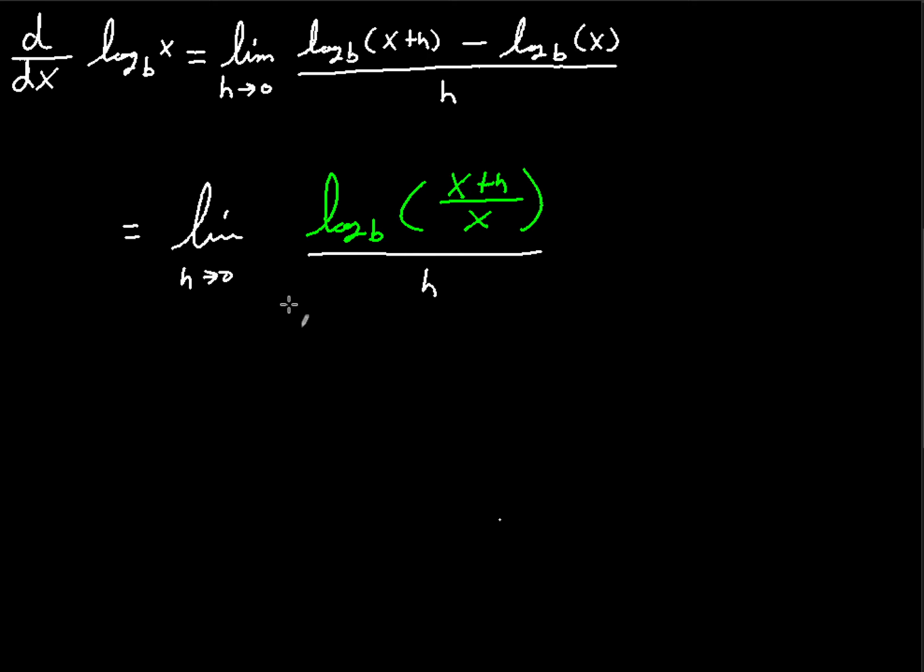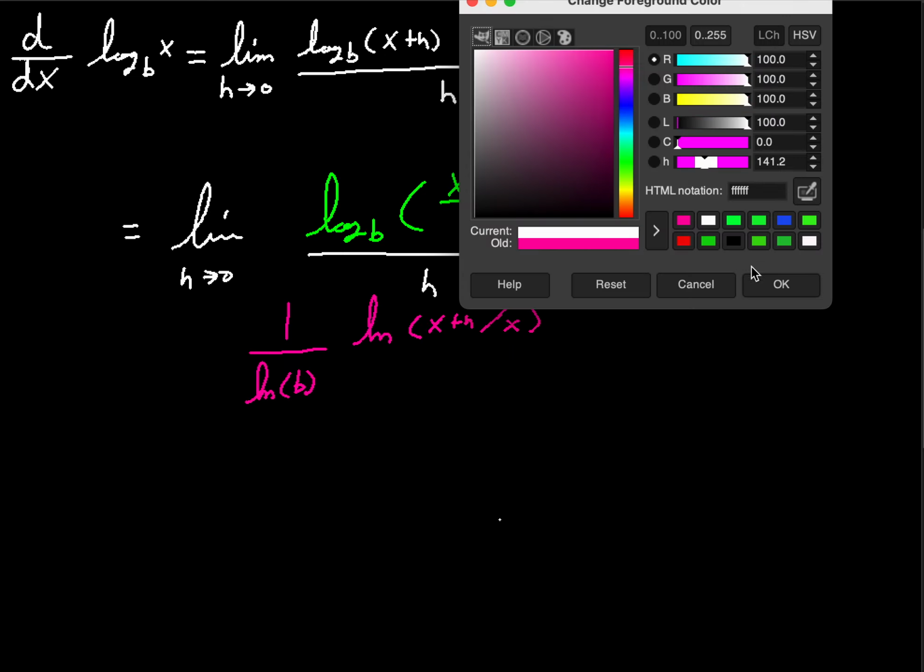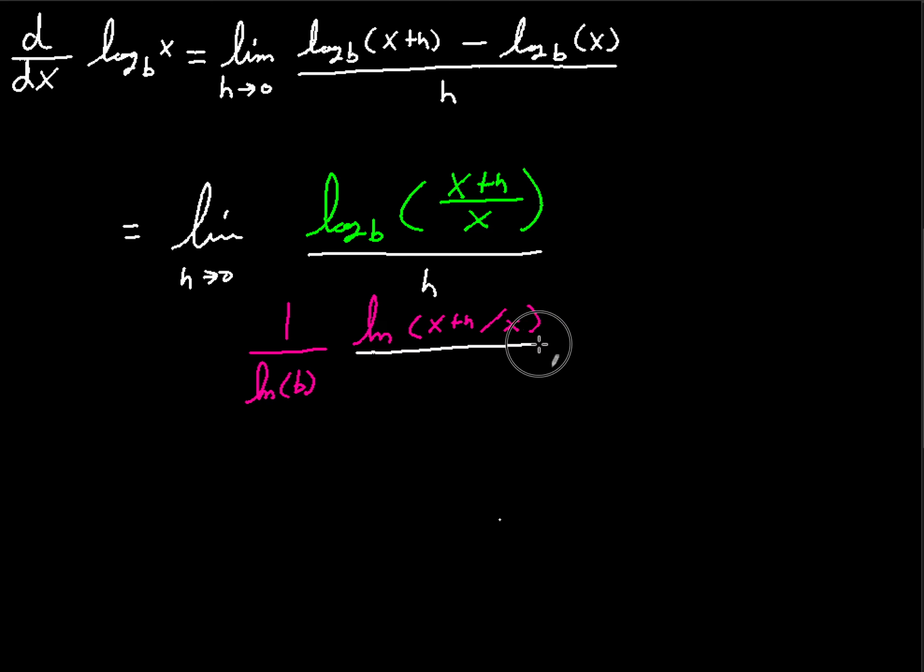So rewriting this would be 1 over the natural log of b, and then you would have the natural log of x plus h over x, and then the rest hasn't changed at all. So I'm just rewriting the other part of the problem that hasn't changed.